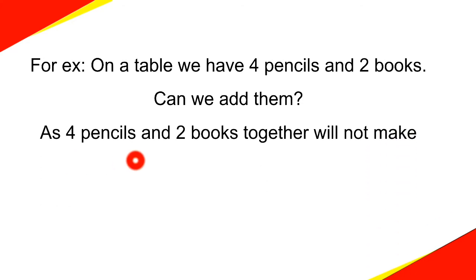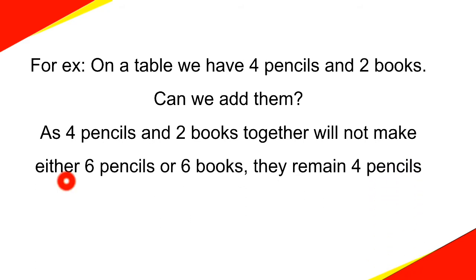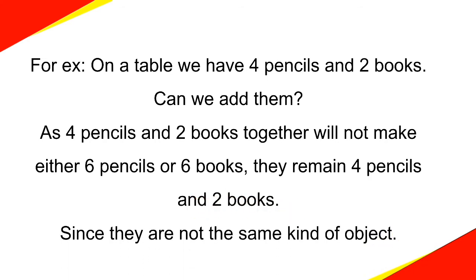As 4 pencils and 2 books together will not make either 6 pencils or 6 books. They remain 4 pencils and 2 books, since they are not same kind of objects.